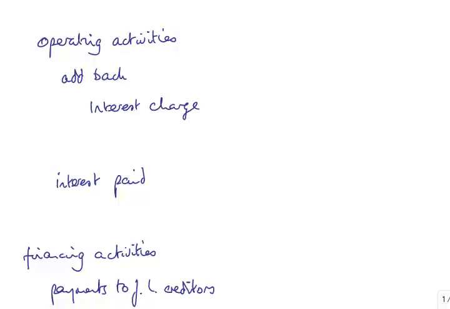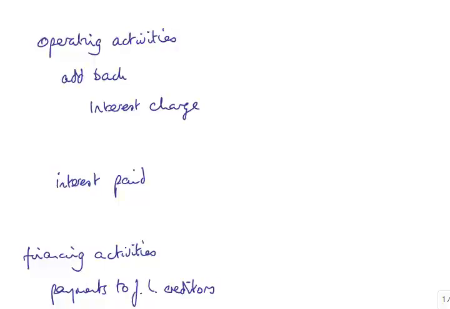It seems to me there's a lot of logic in this. What's the income statement interest charge? This should not be a problem. The income statement interest charge is 217. So that's the add back, 217. It's an accruals-based figure. It's the interest which relates to the year, but it's not the interest which is paid.